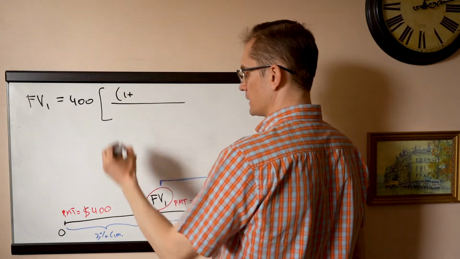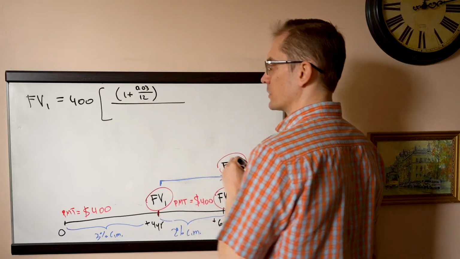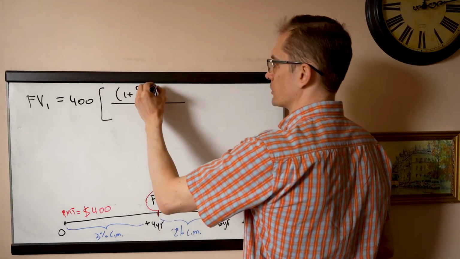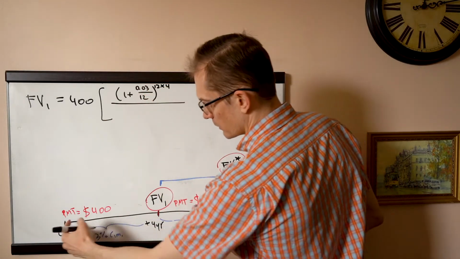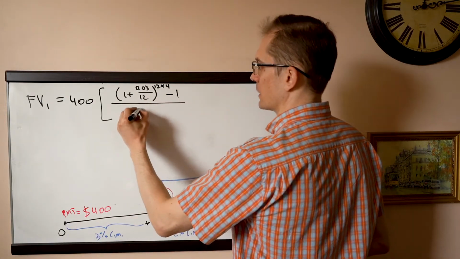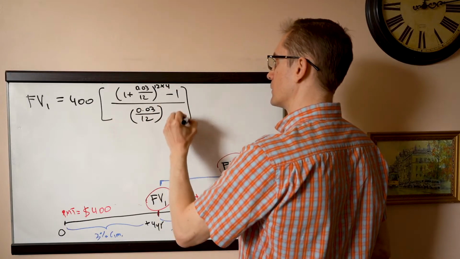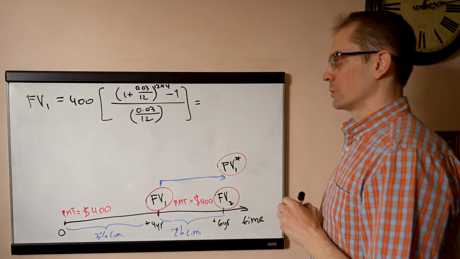So now the rate is 0.03 divided by 12. That's the periodic rate. How many payments in total? Well, 12 times 4, because 12 payments per year for 4 years, minus 1, over 0.03 divided by 12. That's our future value 1.